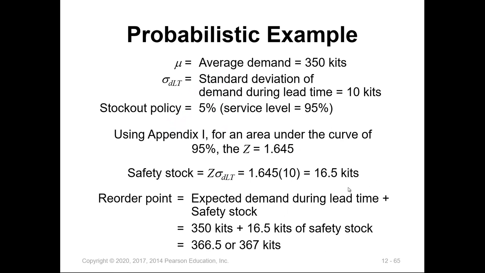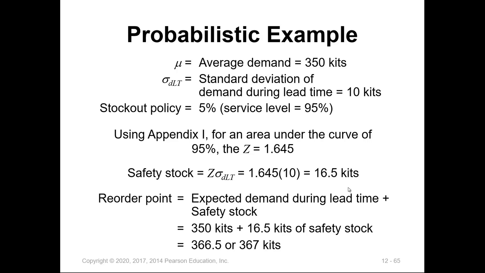So if mu is equal to the average demand, which is 350 kits, sigma DLT is equal to the standard deviation of demand during lead time, which is 10 kits. The stockout policy is 5%, service level of 95%. Using Appendix I, we have a table that will show us the Z value for 95%, which will equal 1.645.